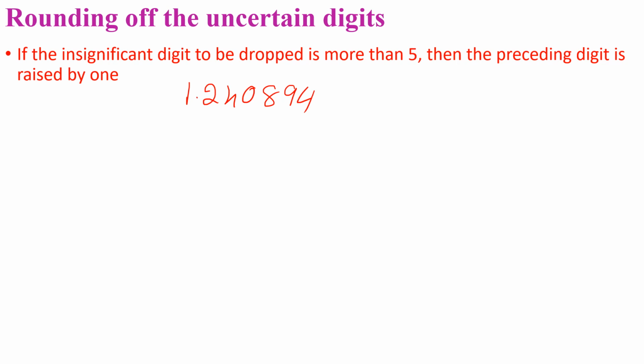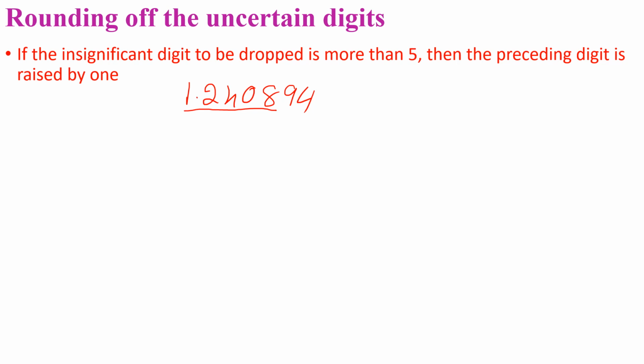They may ask you to round off the given number to 5 significant places. At that time, how many values do you have to retain? You can retain only up to this 8.